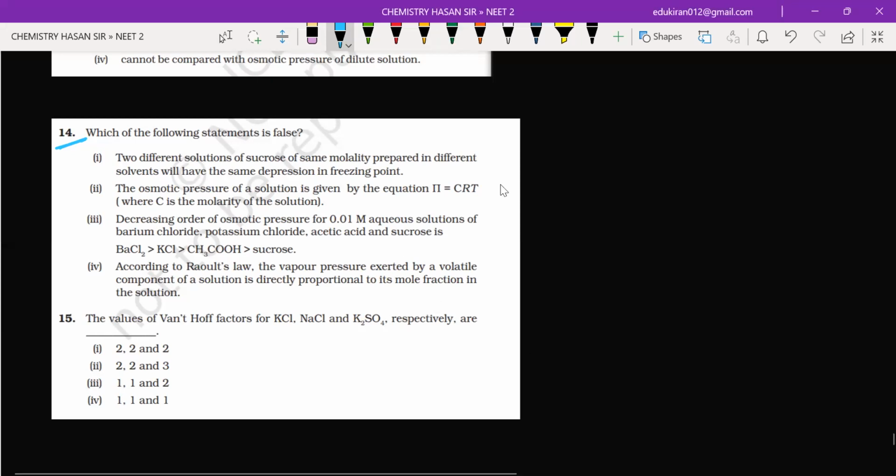Next one is quite easy. So the question 15, I didn't get it.